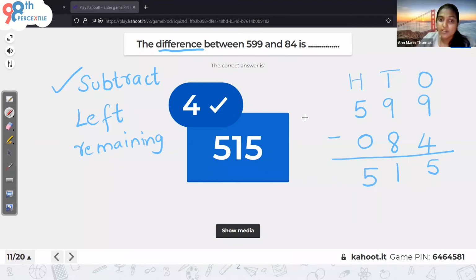So the answer you got is 555. Sorry, 515. Remember, students, very important note: when you have the term given as difference, or a word problem asking how many things were left or how many were remaining from the total, you have to simply choose the operation subtraction here. Okay, are we all clear here?